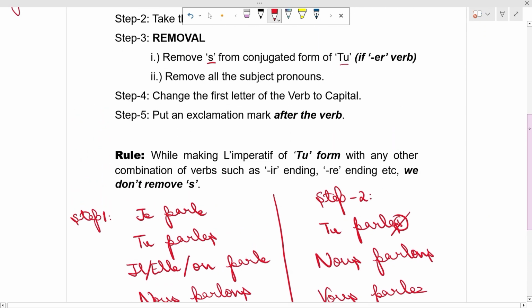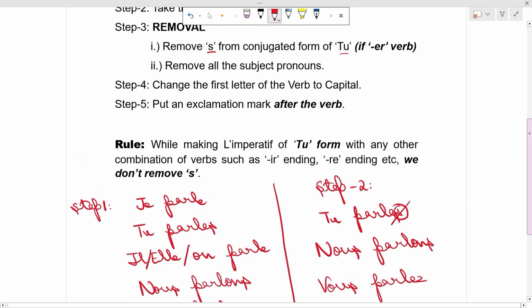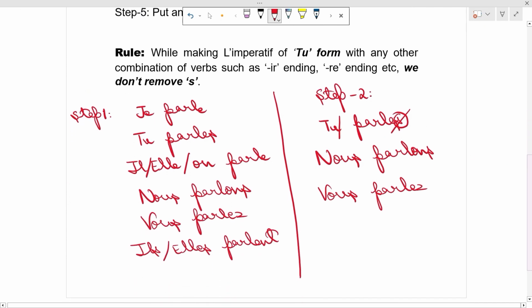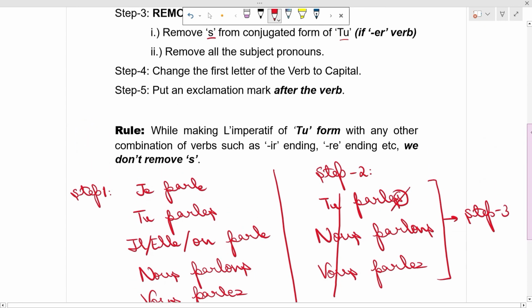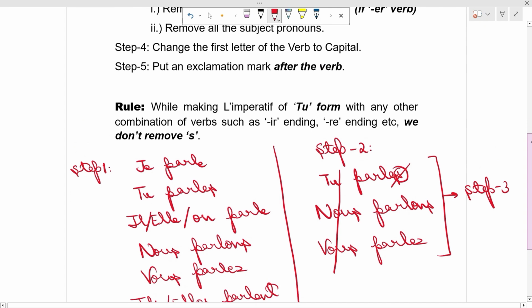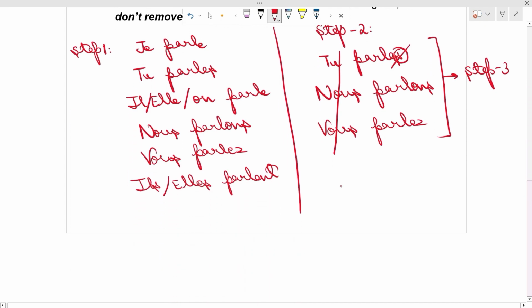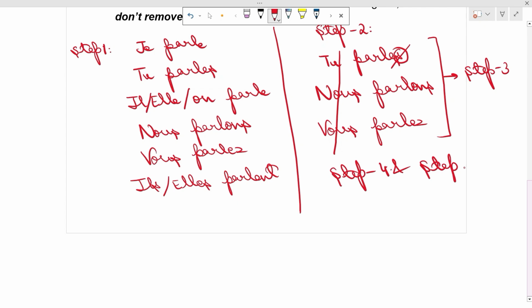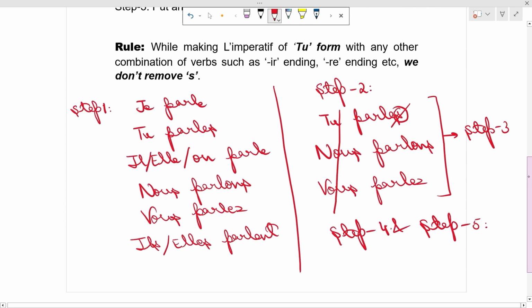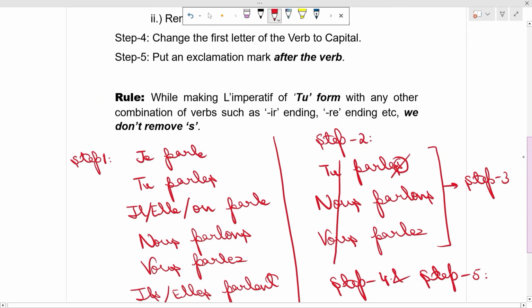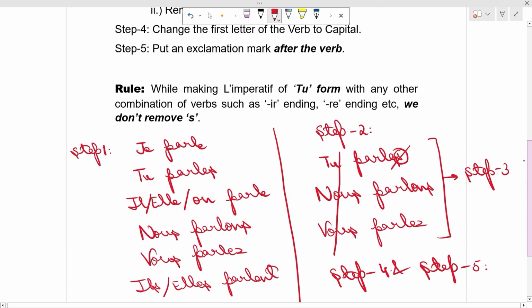The second point in the third step is that we have to remove all the subject pronouns. So we simply remove the subject pronouns. This is what we do in step number 3, point 1 and point 2. Step 4 is to change the first letter of the verb to capital, and step 5 is to put an exclamation mark after the verb.